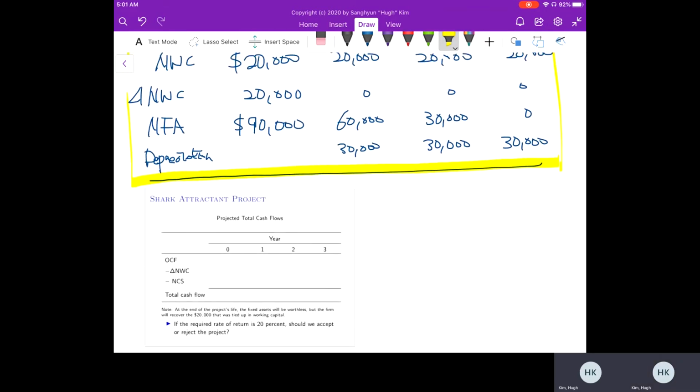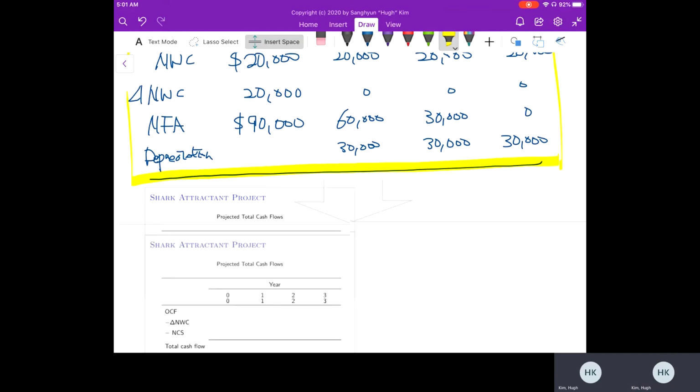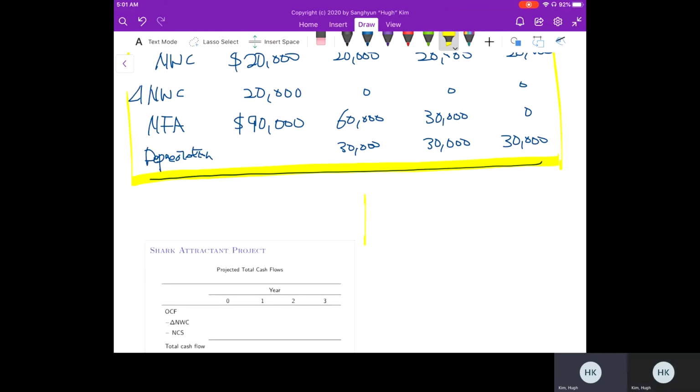Now we are ready to compute the project cash flows.